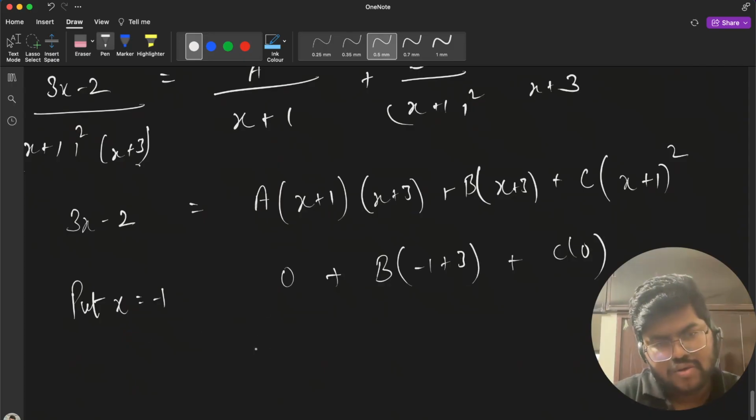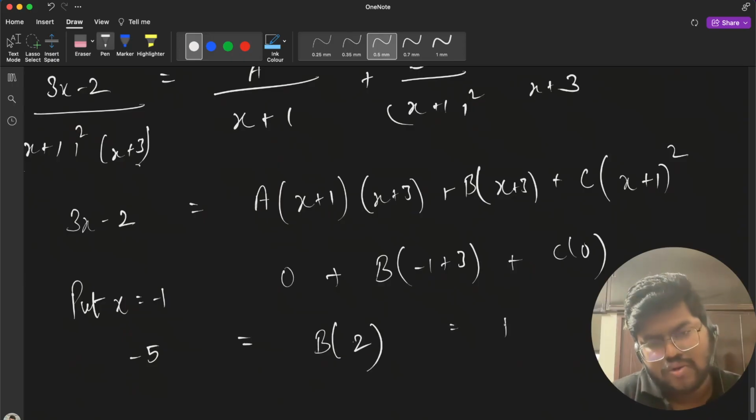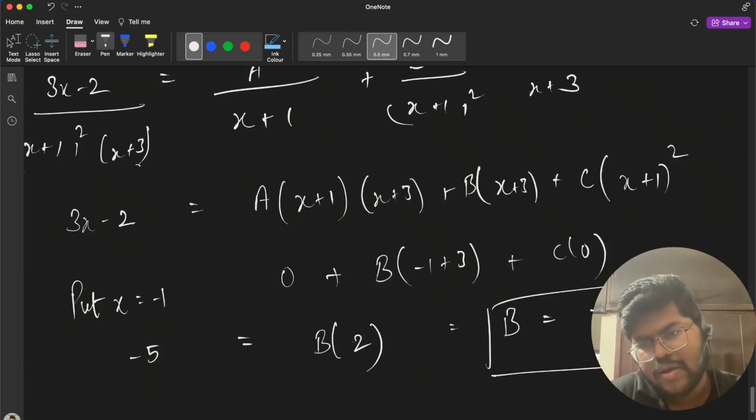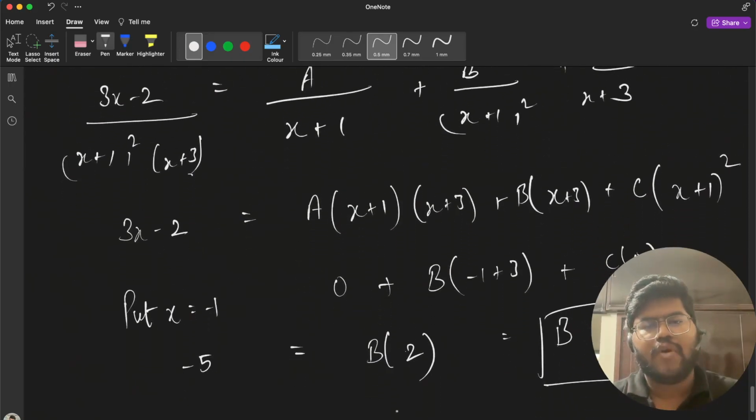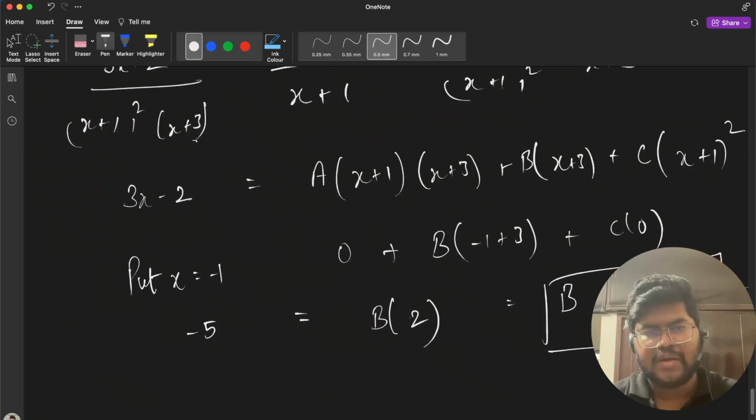Here it is minus 3 minus 2, which is minus 5. So minus 5 equals b times 2, so b equals minus 5 by 2. We got the value for b. Similarly, let us find the values for a and c with a similar pattern.